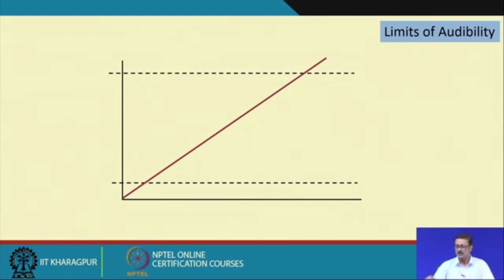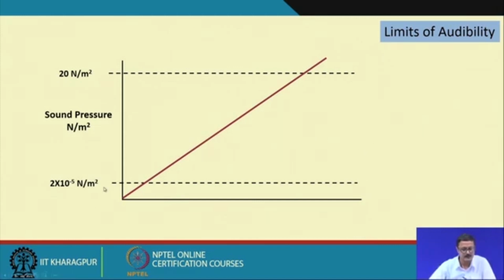There is a minimum amount of pressure required for the brain to sense the sound, and that minimum pressure is 2 into 10 to the power minus 5 Newton per meter square.